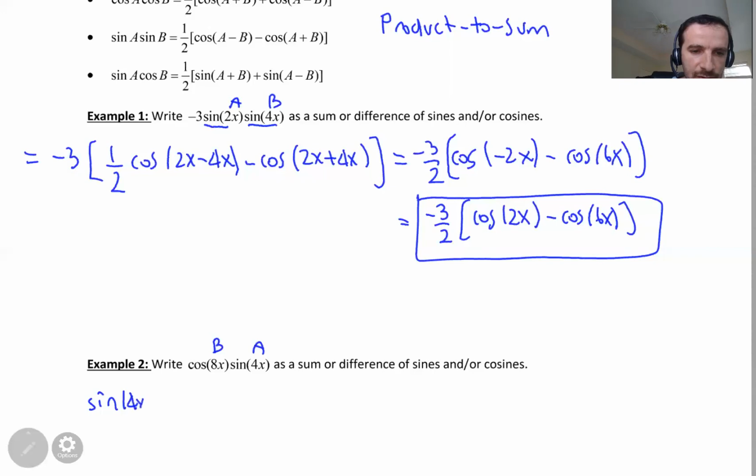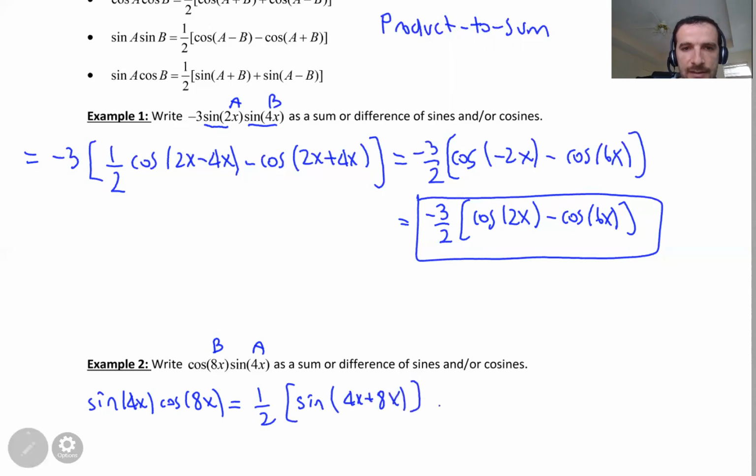Sine 4x times cosine 8x is equal to sine 4x. So A is 4x, B is 8x. So then let me use this formula. 1/2 sine of A plus B, 4x plus 8x, plus sine of A minus B, 4x minus 8x.